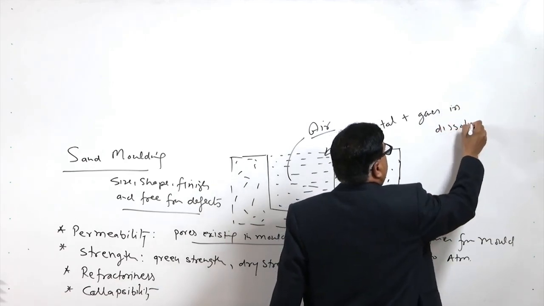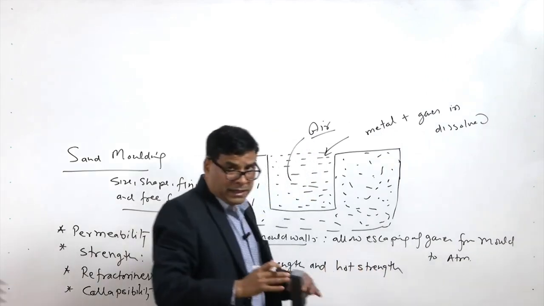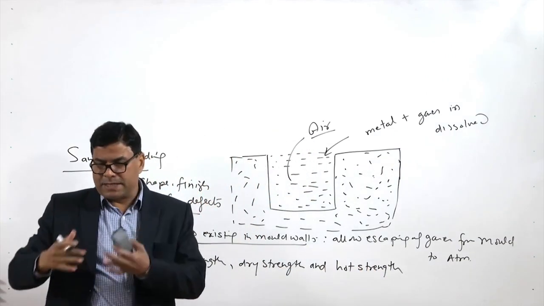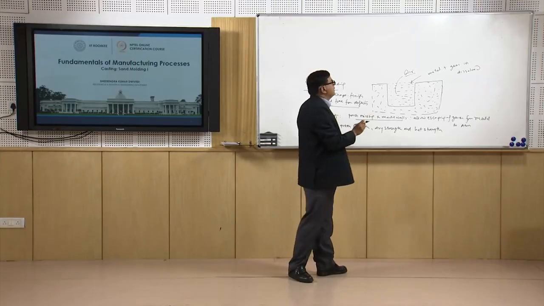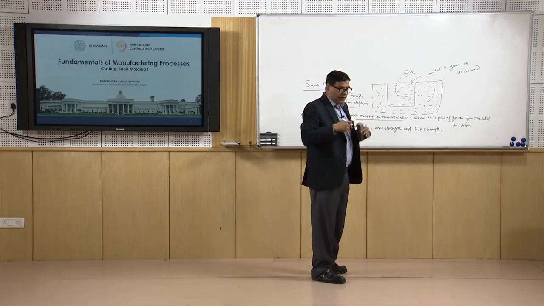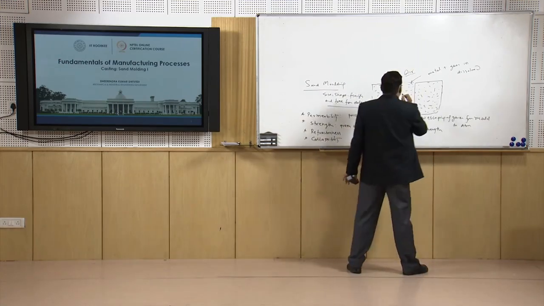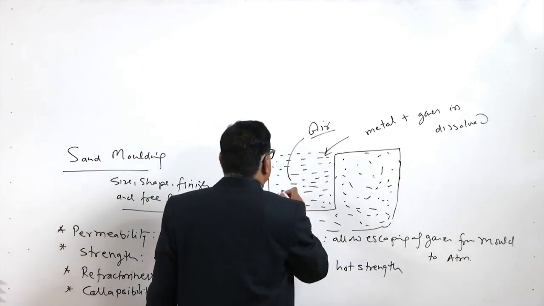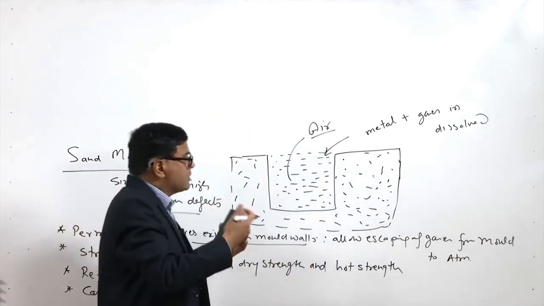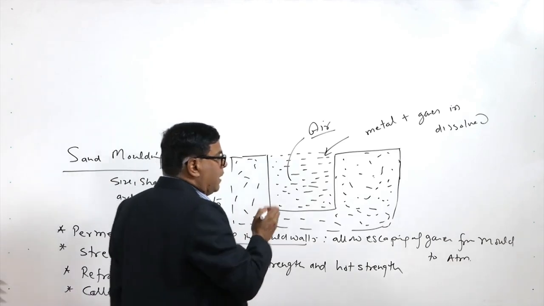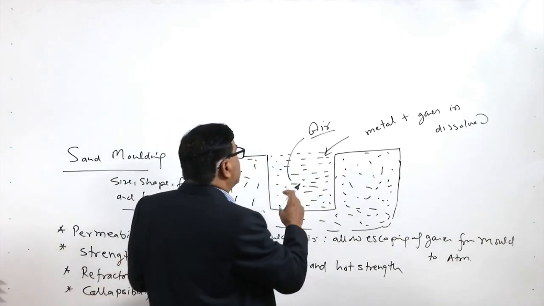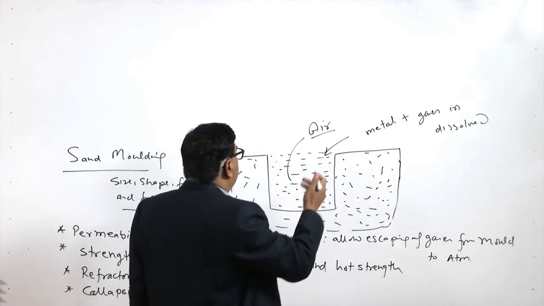At a high temperature the gases can dissolve into the molten metal. So, the gas is dissolved either in the furnace or while handling, these gases will be present with the molten metal, and during solidification these gases are released or rejected. So, these gases should come out.